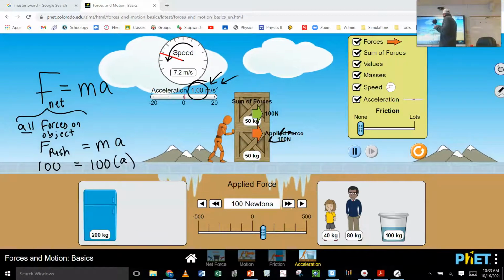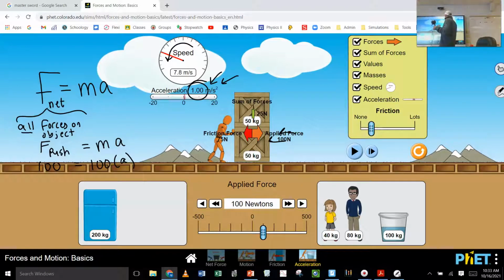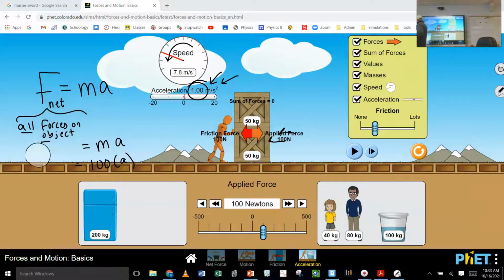What if I increase friction so that it's exactly equal to my push? Now, over here, all the forces on my object. I'm going to say that forward is positive. So I've got a positive 100.